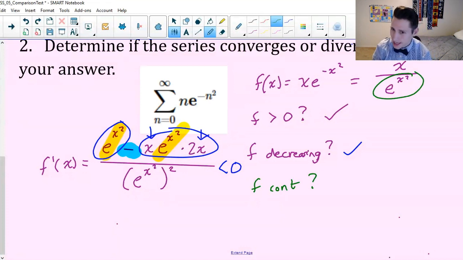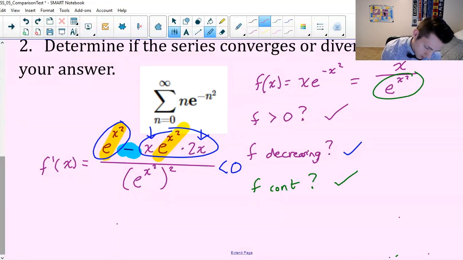So I don't have to worry about any asymptotes, discontinuities, etc. So this is continuous. So since we've checked those three things, now it means that we are allowed to use the integral test. Okay, so we'll go from 0 to infinity.